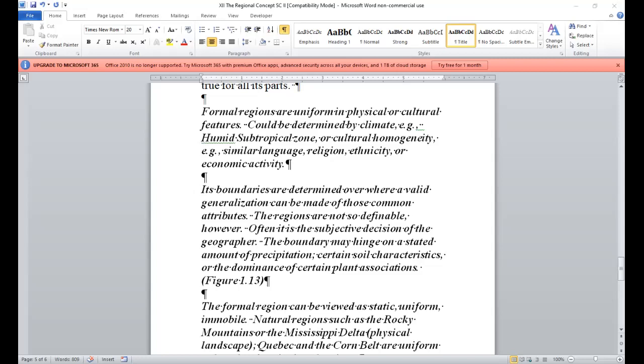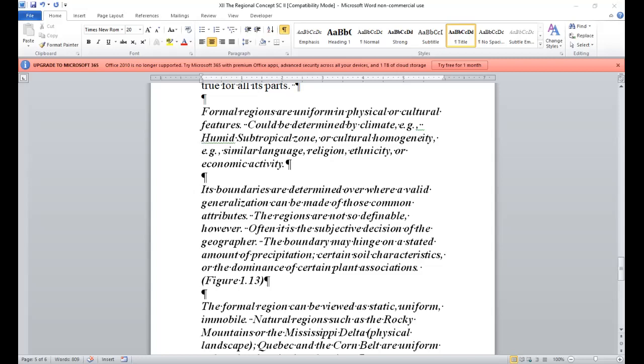Here's the big picture, though, about the formal region, because I do know I'm going to include this on what you're going to need to know about chapter 14. You're going to have to differentiate between the formal and functional region. And we've dwelt on this. The formal region can be viewed as static. It's a word I like for this: static, uniform, immobile.